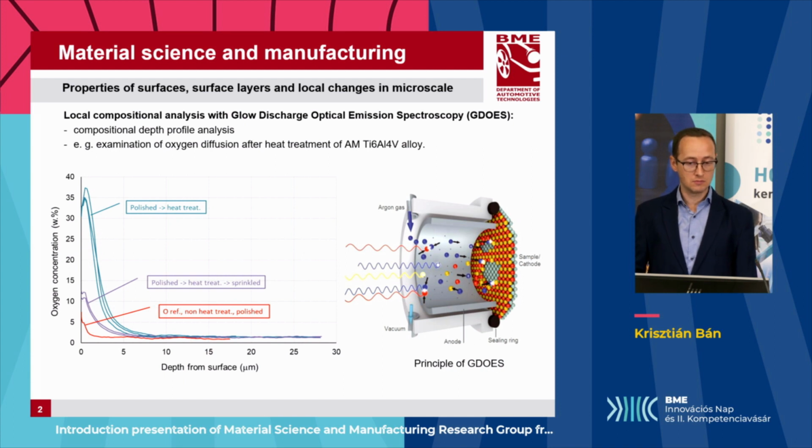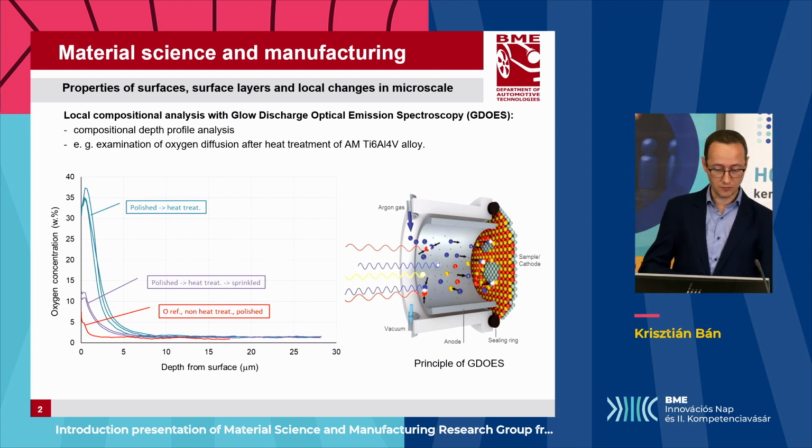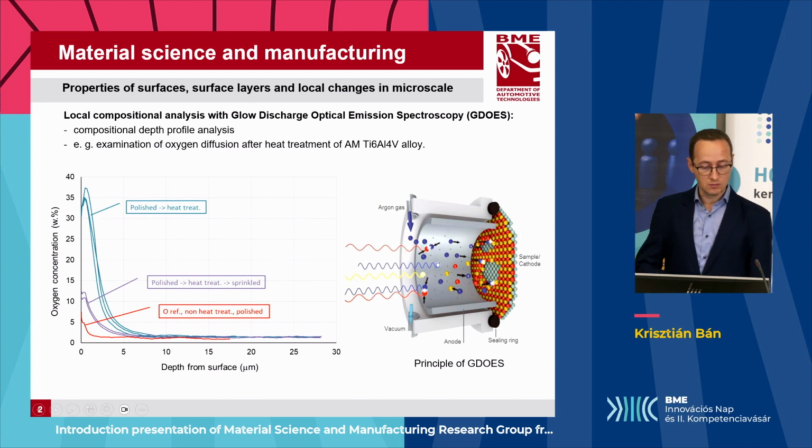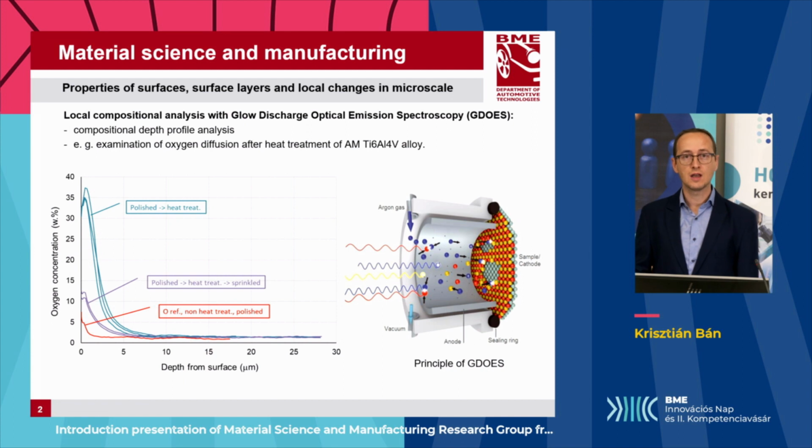The last project was we examined the oxygen diffusion into the surface layer in an additive manufactured titanium, aluminum, and vanadium alloy, which was caused by the heat treatment. And in this figure, you can see the oxygen concentration as the function of depth from the surface.